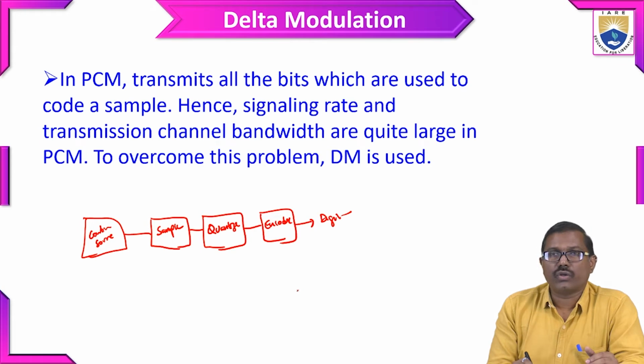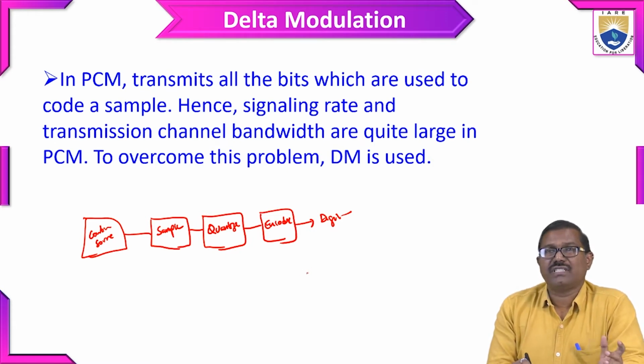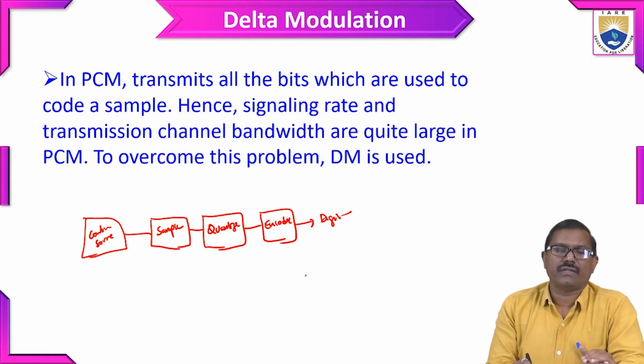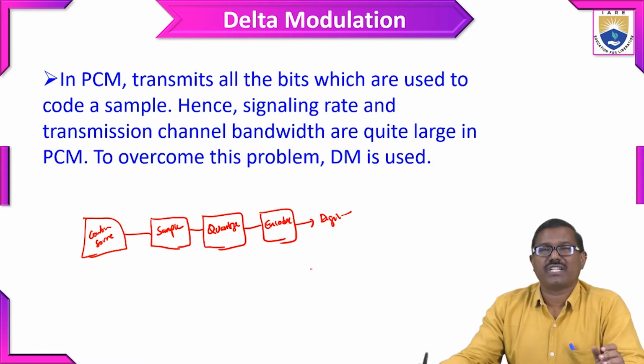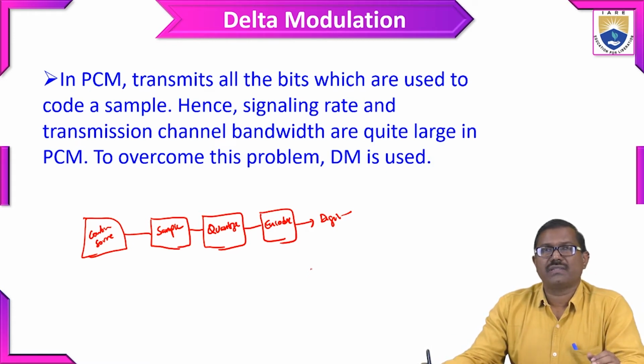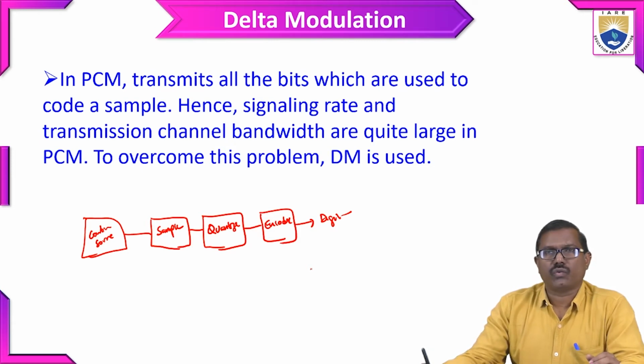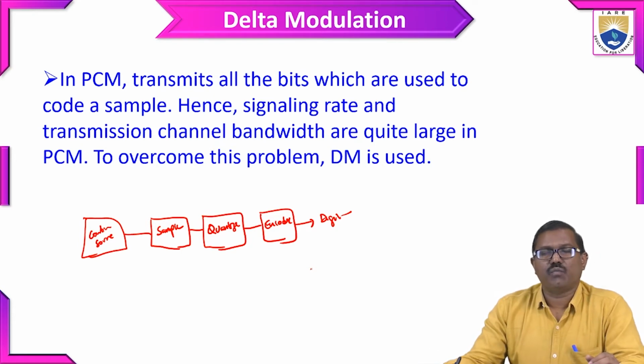Then we apply this discrete signal to the encoder, where the encoding is done, and we call it a digital signal. But here the wastage is going on: whatever signal is coming, all of it is encoded. So it requires more transmission bandwidth, which is not acceptable for efficient communication. So we reduce this channel bandwidth by using delta modulation.